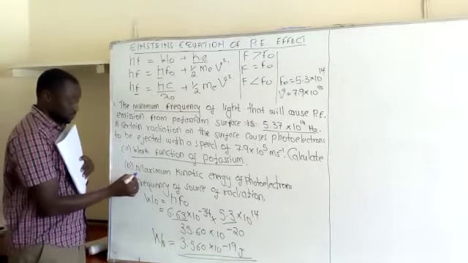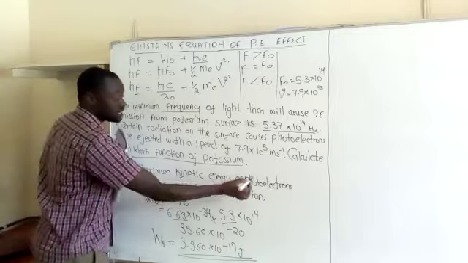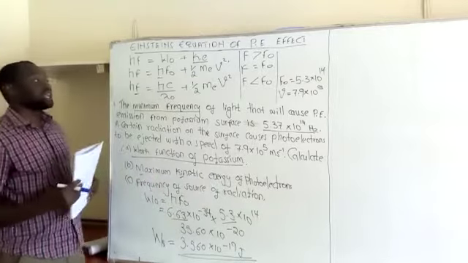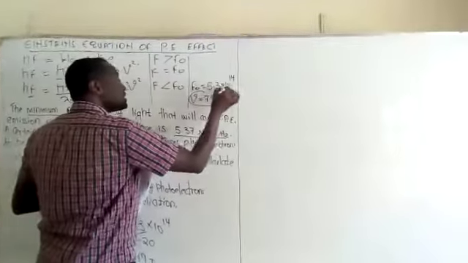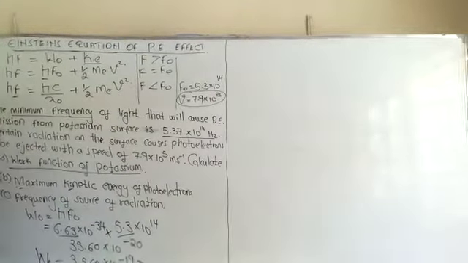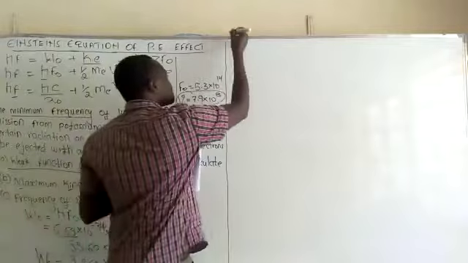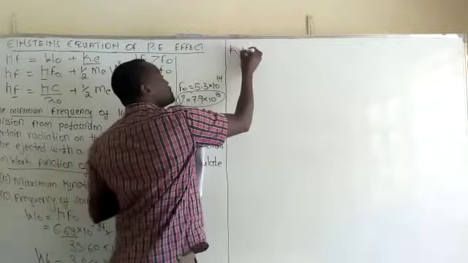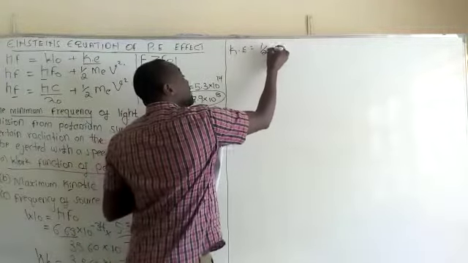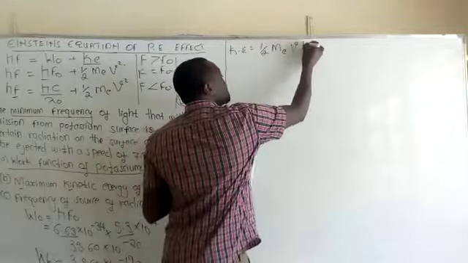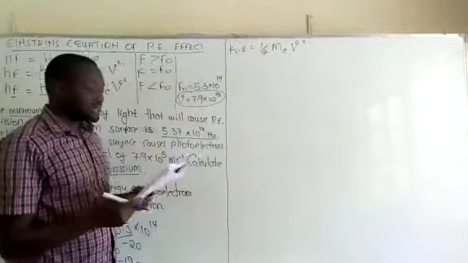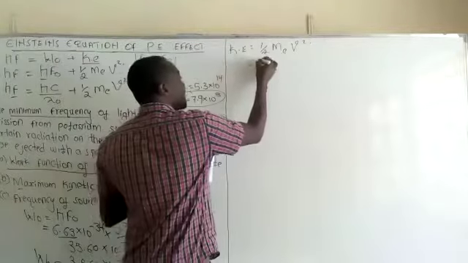Part 2, we need to get the maximum kinetic energy of the photoelectrons. We already have the velocity of the photoelectrons. Kinetic energy is given by a half the mass of the electron times the velocity squared, which will be a half.